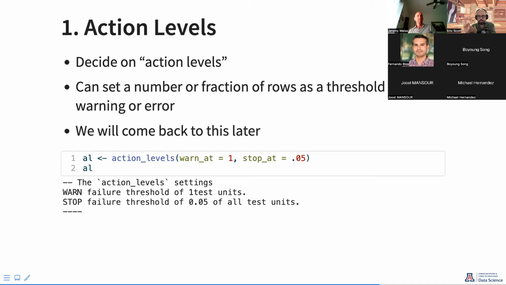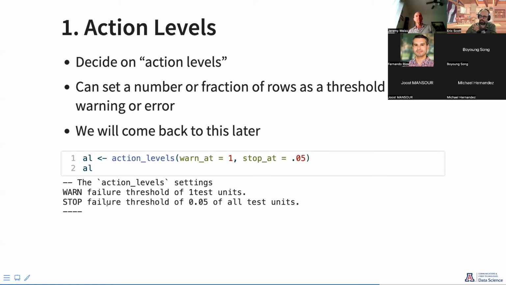But for other things, maybe we want to know if some fraction of the rows, if there's greater than some threshold fraction, are a problem. So in this example, I've said, I want you to warn me if there's 1 or more rows that fails some validation step, and I want you to really give an error if more than 5% of the rows are failing.